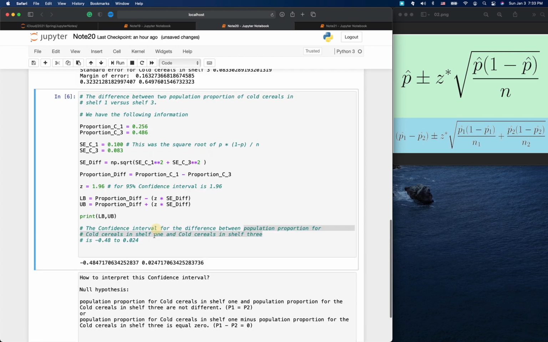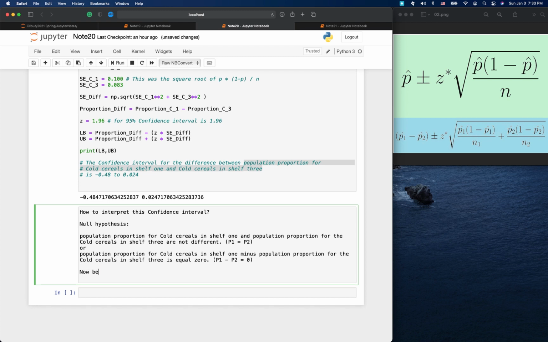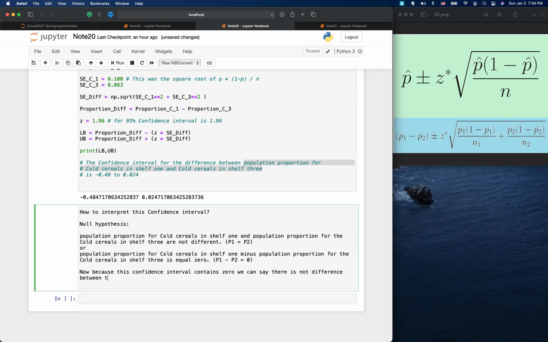Now, because this confidence interval contains 0, we can say there is no difference between these two cereals in shelf 1 and shelf 3.